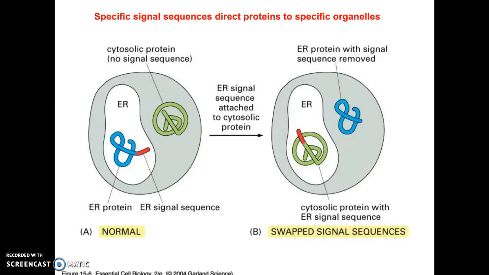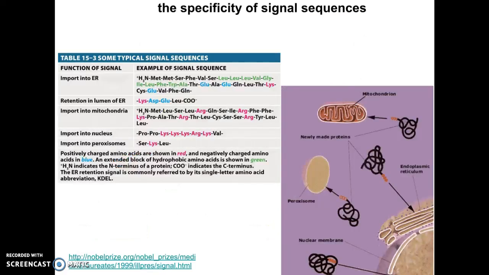And what he found was that proteins that were normally resident in the cytosol but had the endoplasmic reticulum signal sequence ended up in the ER. And proteins that were normally in the ER, when they had their signal sequence removed, would end up in the cytosol. So this idea that there were signal sequences led to a greater understanding of intracellular trafficking.